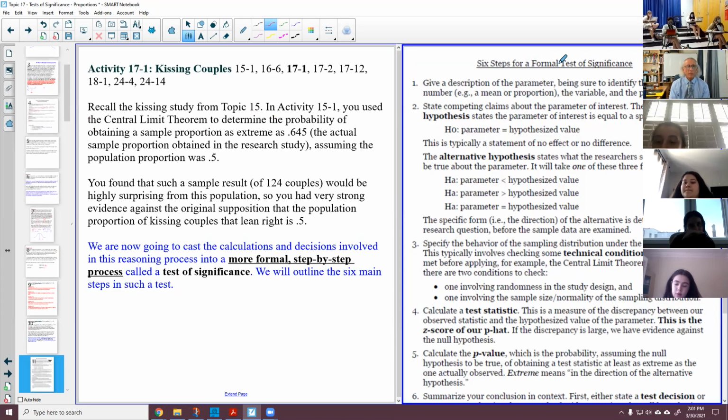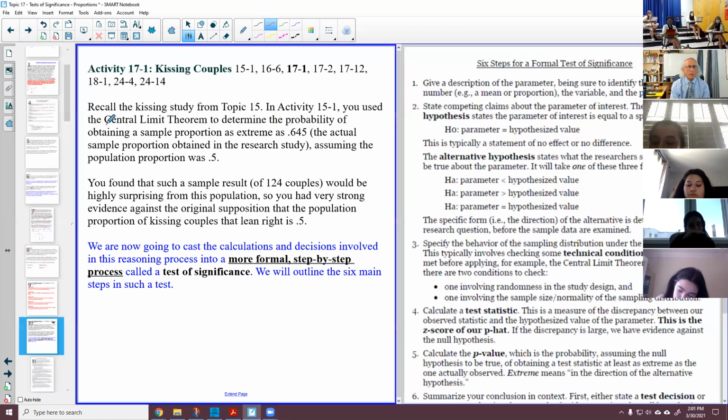So refreshing ourselves on the problem, we used the central limit theorem to determine the probability of obtaining a sample proportion as extreme as 0.645. So that was our p hat, 0.645. And we assumed at the time when we first did this problem that the actual population proportion was 0.50. That would have been our pi.